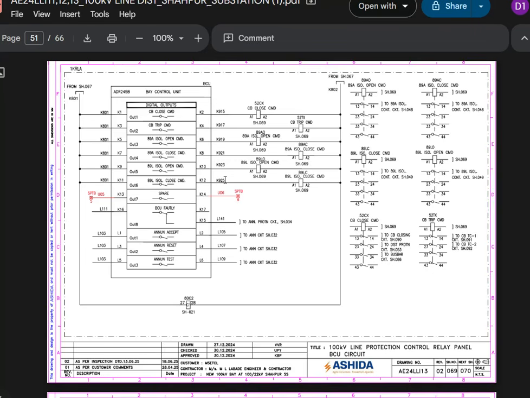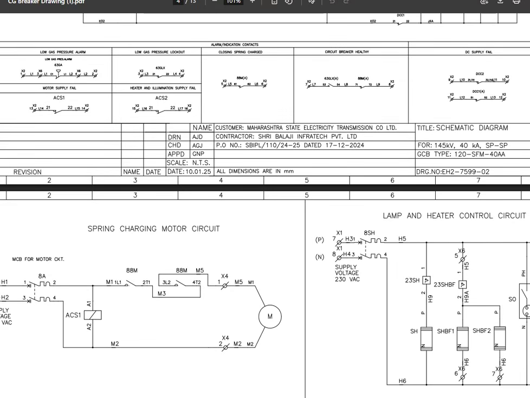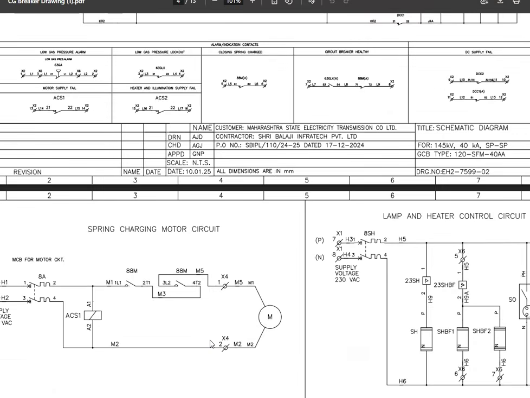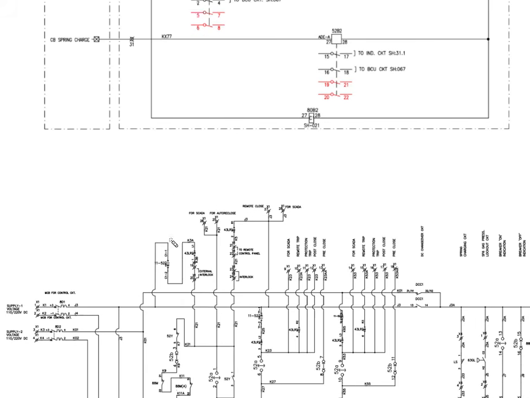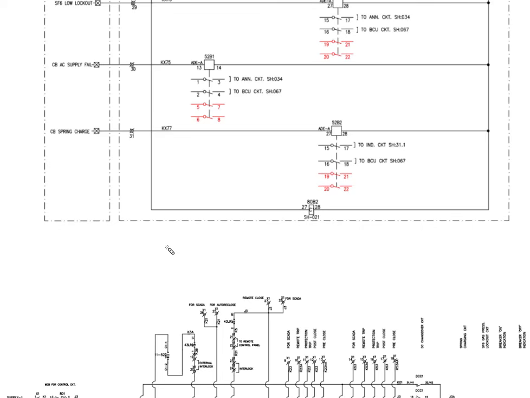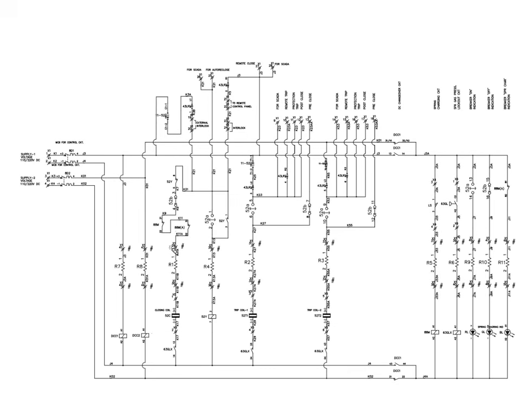But our circuit breaker is offering some more indications that we can use. We'll wire them up, and in the future we can use those contacts for anything we need.